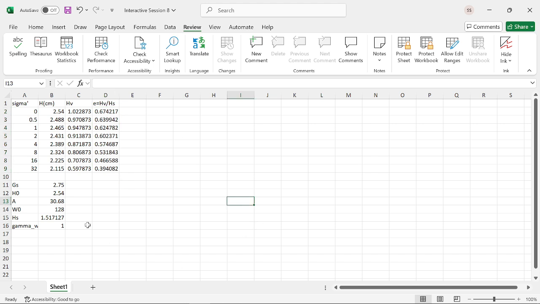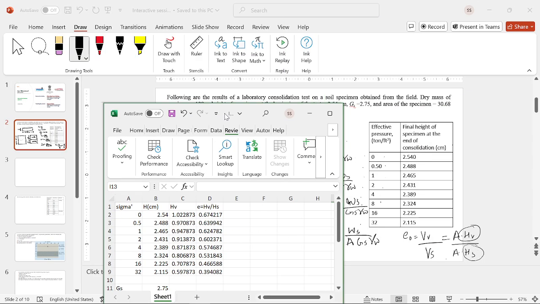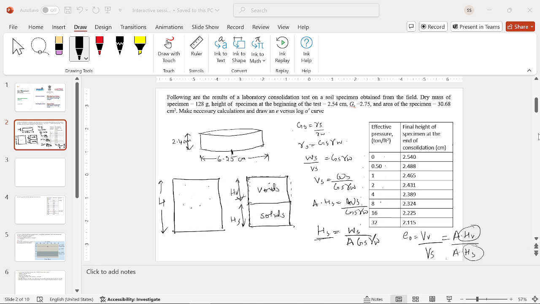I hope it is clear to everybody how we got the height of solids. I will go over it once again. In the actual specimen, there are voids as well as solids.